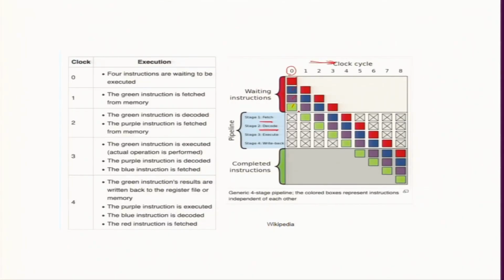Decode means what I am supposed to do with it. The instruction could be multiply a number by 2 or take a square root. So, you need to decode it, then execute it, and last is write back the data onto memory. So, each instruction has 4 basic operations.